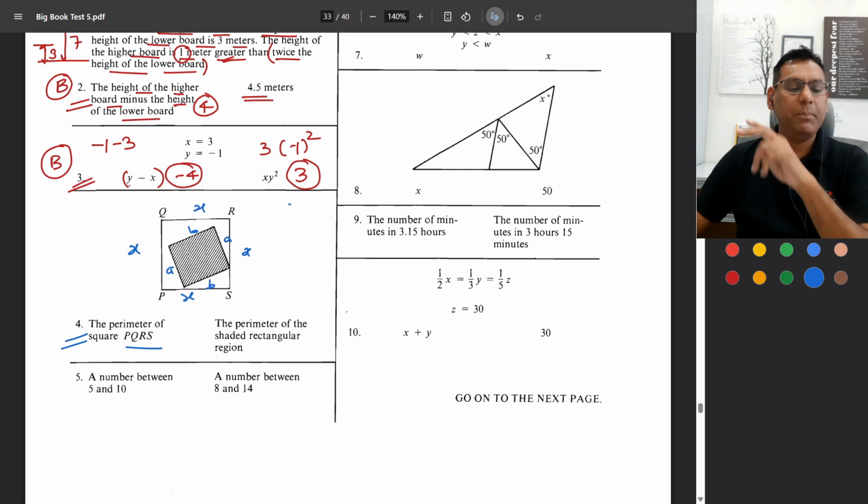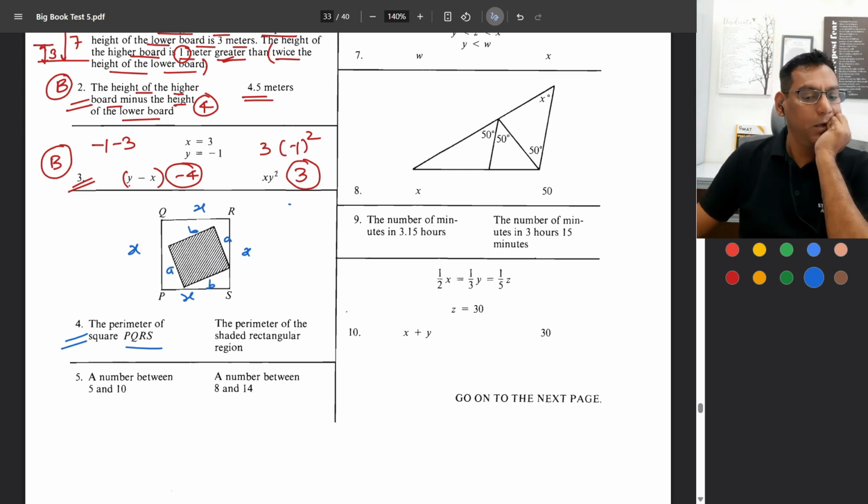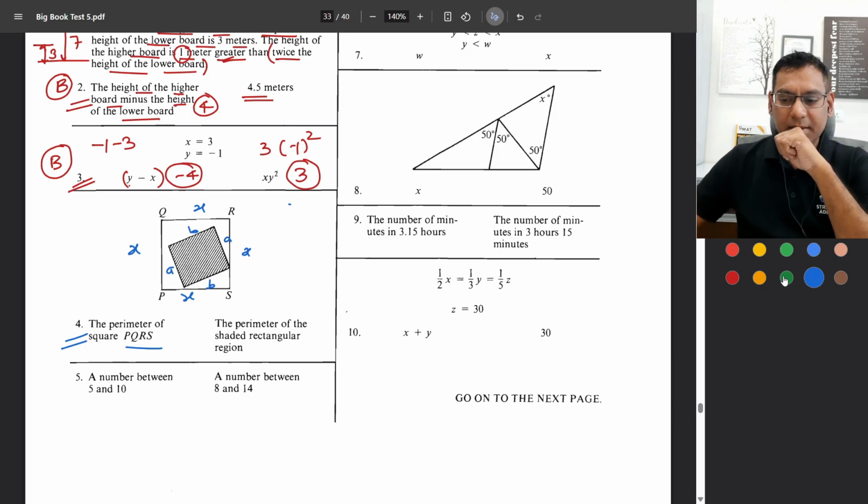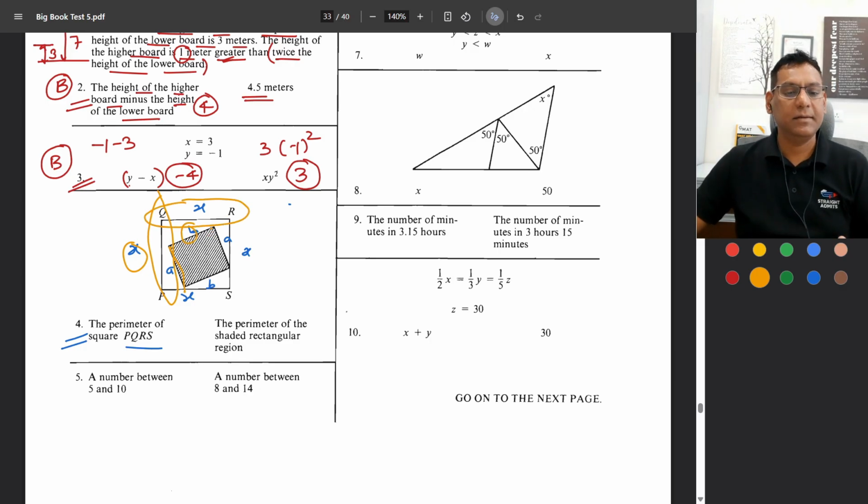We want to compare the perimeters. Now a simple way to look at this is that all the sides of the rectangle, let's say a as opposed to x on this side, and b as opposed to x on this side, are smaller than x, as the figure is drawn.